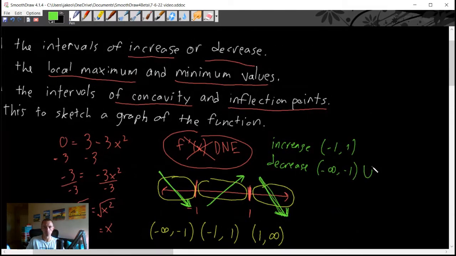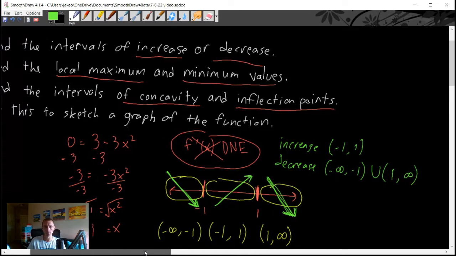And this little u just means the union. So basically these two intervals are both intervals of decrease, basically intervals where our function is decreasing from 1 to infinity. Okay, so that would be it for part A.